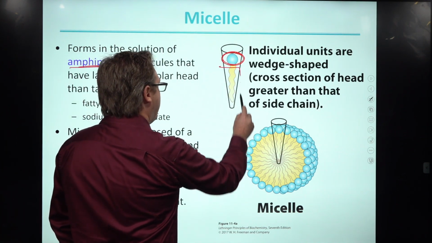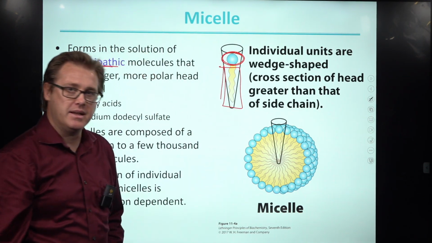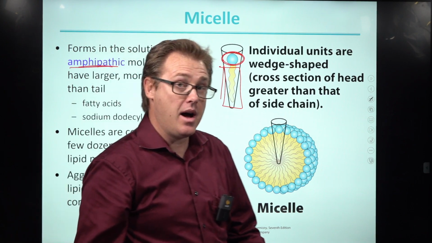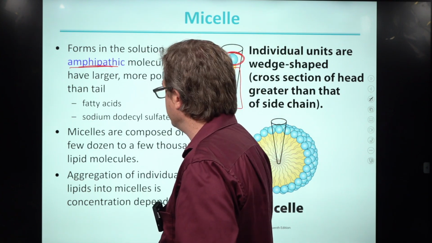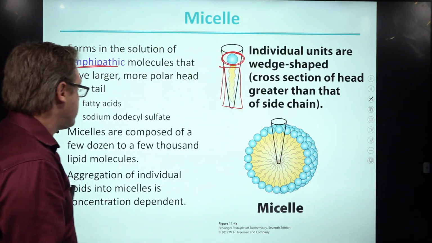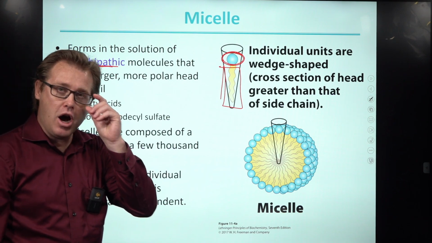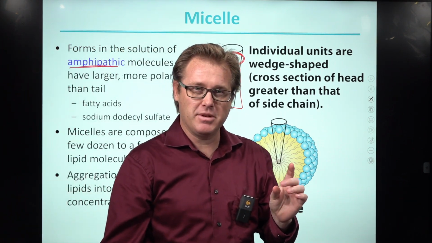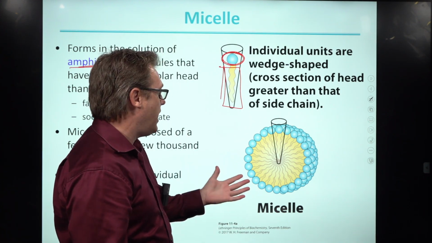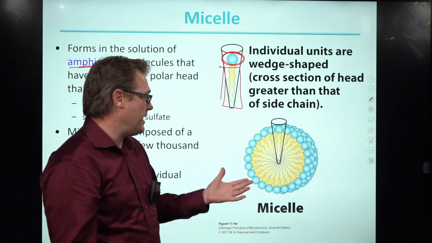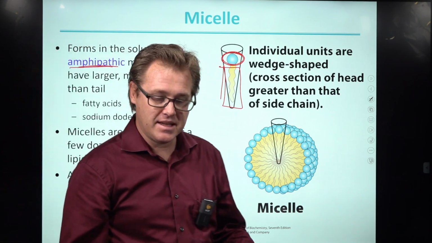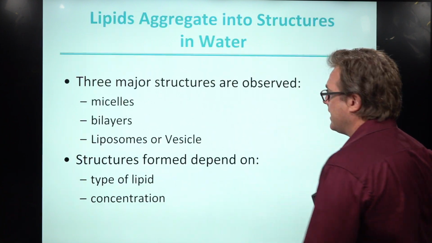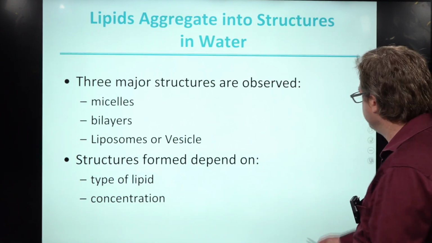And then you have a hydrophobic piece, a piece that does not like to associate with water. It's too high in energy to do so. And so depending on the lipids, this is what's going to help determine what kind of structure we're going to get here. Are we going to get a micelle, or a bilayer, or a liposome?